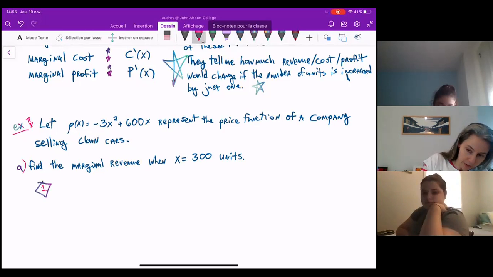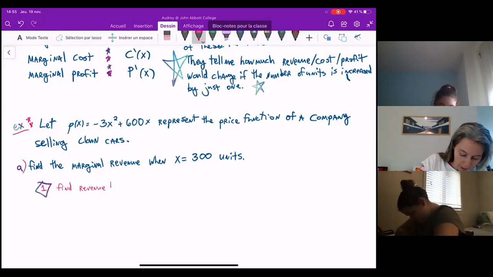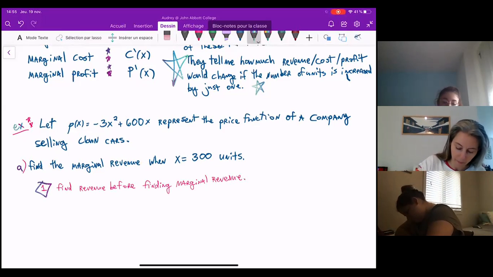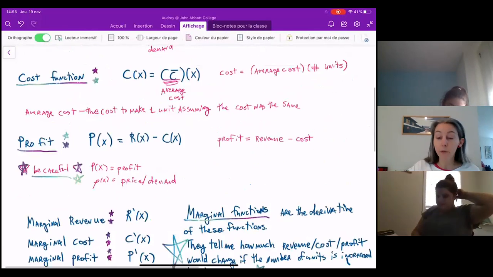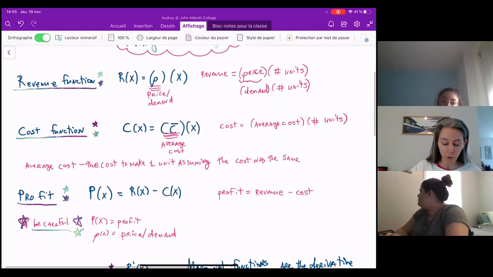So here we're going to find revenue before finding marginal revenue. This is where we use that formula we started off today with. Revenue is equal to price times the number of units.